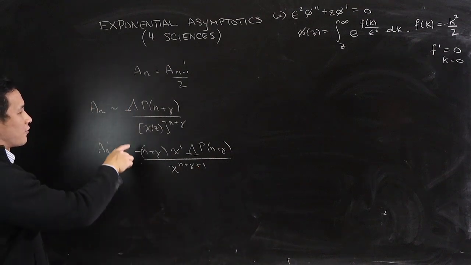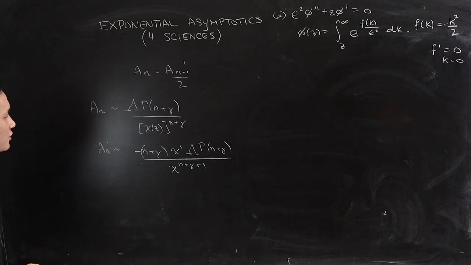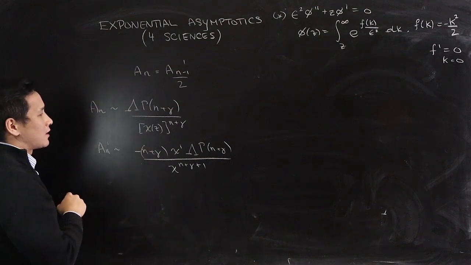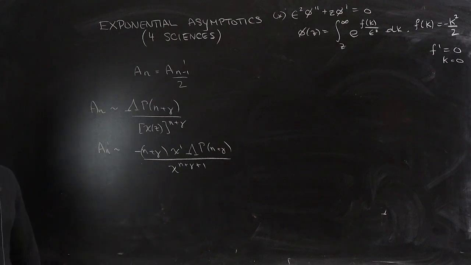And then I have to differentiate, well, actually that's all I have to do, because this is the only function of z. It would have been a little bit more complicated if I had a function in front here.